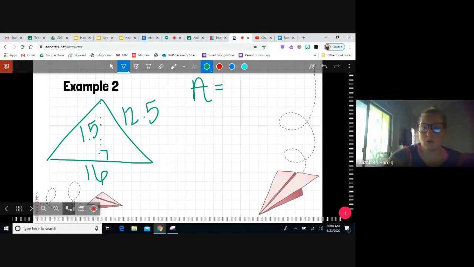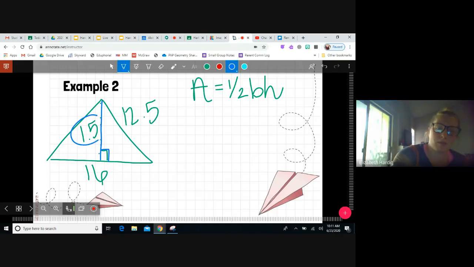Area is equal to 1/2 length of that base times the height of the triangle. So when I'm going to find the length of my base, I see that this right here makes that right angle. So this is automatically going to be my height, which would make 16 the length of my base.